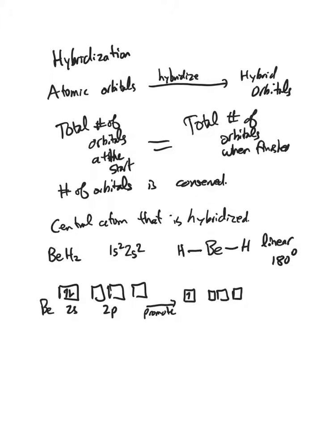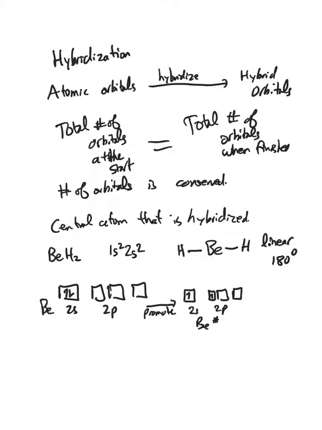So it costs us a little energy. We'll promote an electron from the 2s up to the 2p. We'll unpair it to spin in the same direction. So now we've got a beryllium in the excited state. So we're going to denote that with beryllium with an asterisk or a star.